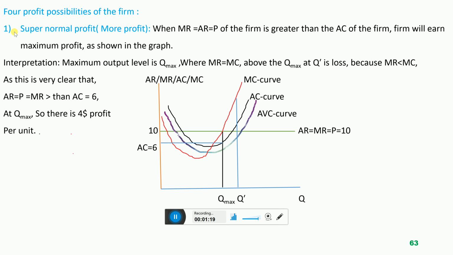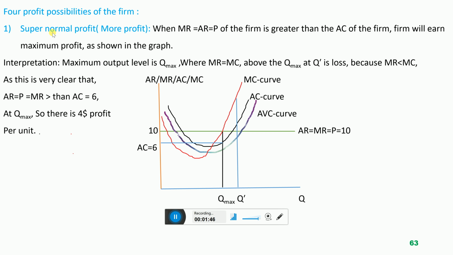The first possibility, supernormal profit or more profit. In this section we will learn the different four situations of a single company using short-run average revenue and average cost curves to identify the maximum profit at minimum cost.